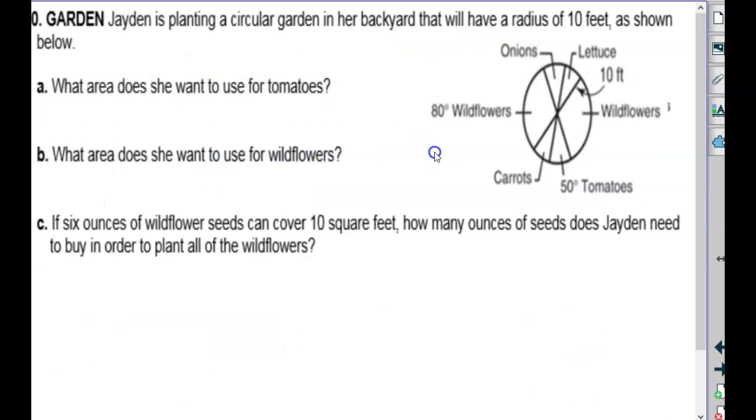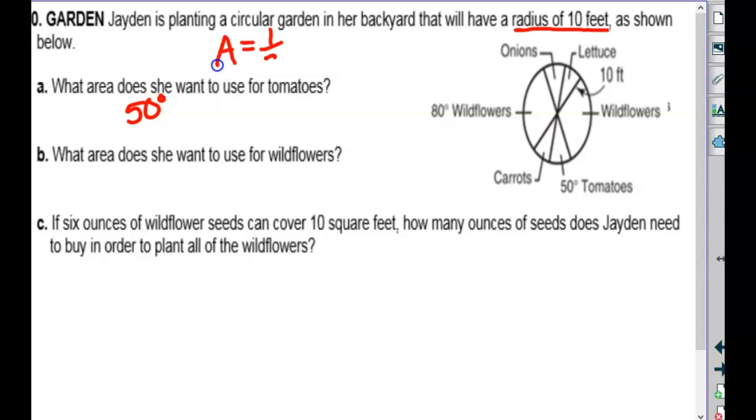So we have this question on worksheet 6 that says Jaden is planting a circular garden in her backyard that will have a radius of 10 feet. As shown below, what area does she use for tomatoes? So what do we know about tomatoes, guys? Is it just this one 50-degree one? Okay, so we have 50 degrees. Can we use degrees in that formula?